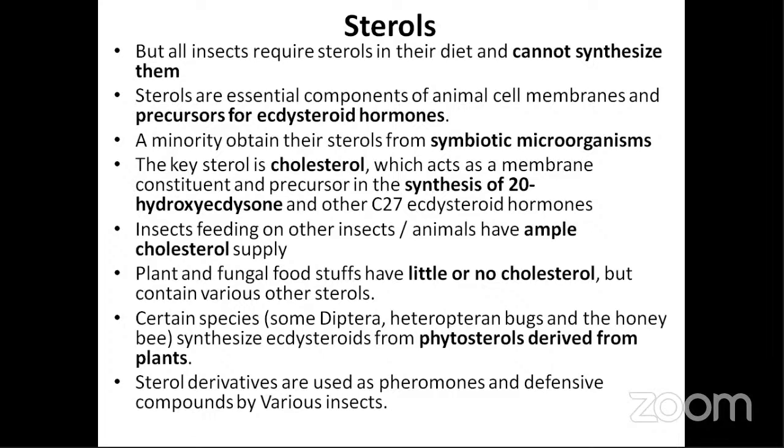It is nothing but the molting hormone, and also some other C27 ecdysteroid hormones. Insects which feed on other insects or animals usually have a high sterol supply compared to plant and fungal foodstuffs, which have very little or no cholesterol.